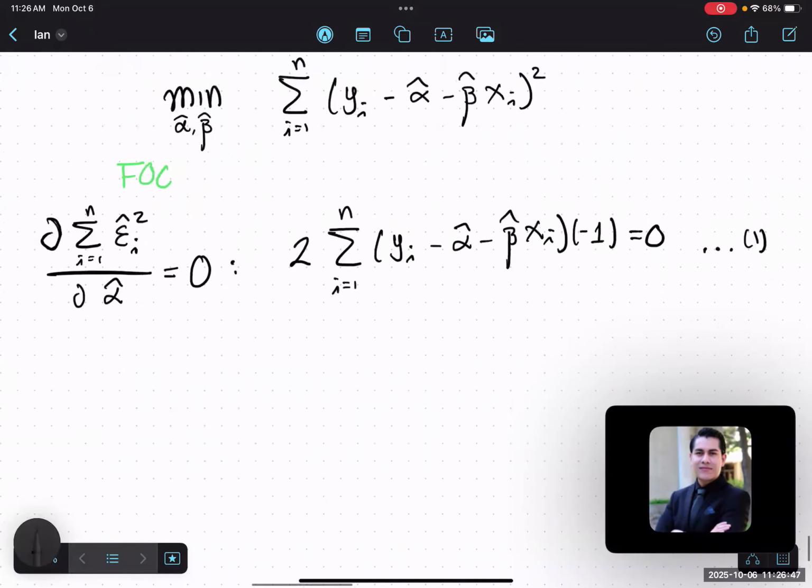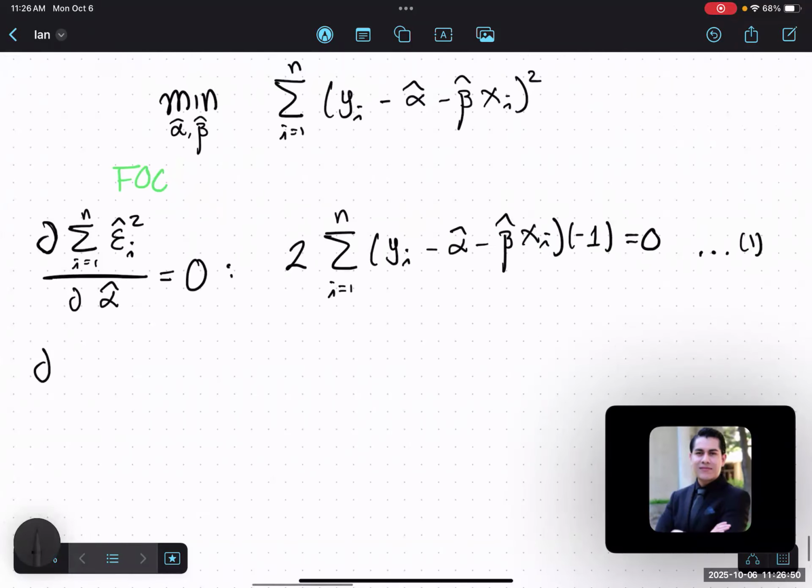The second first order condition has to be the same idea, because we are still optimizing our objective function, but this time with respect to beta hat. That is also equal to 0, right?